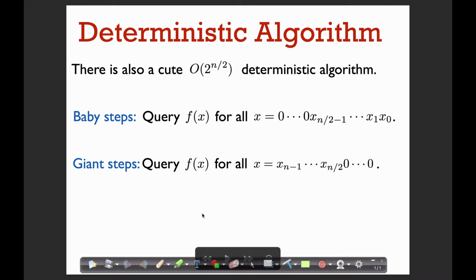There are 2 to the n over 2 many such strings, so you query all of them. Then you query f of x for all x with the n over 2 least significant bits set to 0. Again, this is 2 to the n over 2 many queries.